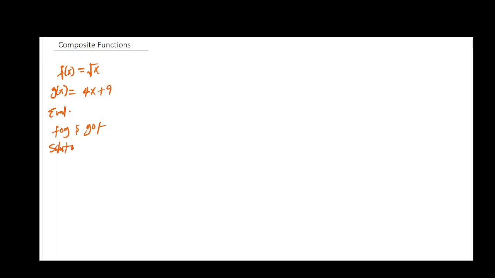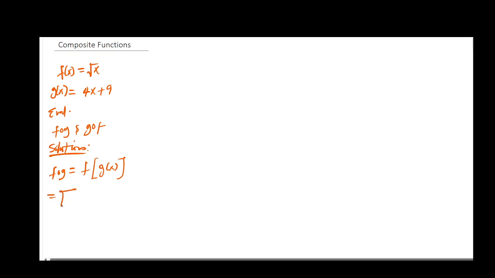Let's start with the first one. F of g is equal to f of g of x. So we are going to substitute g of x in f, and our f is root x.